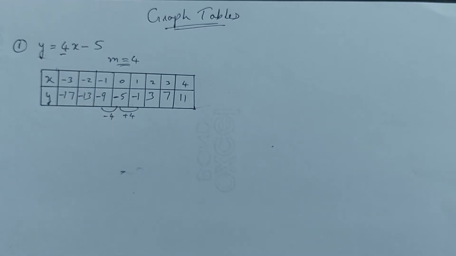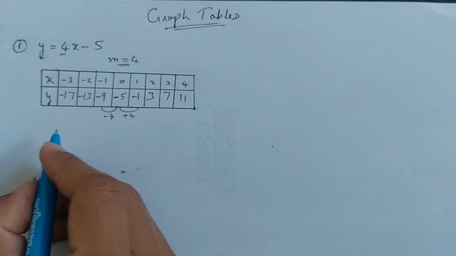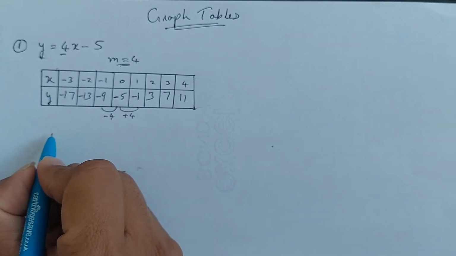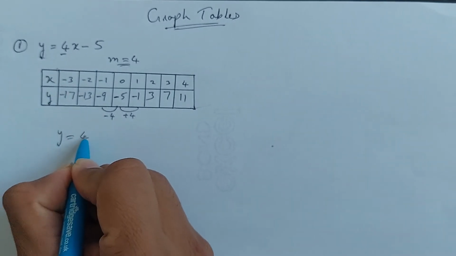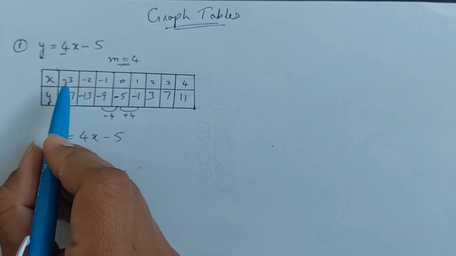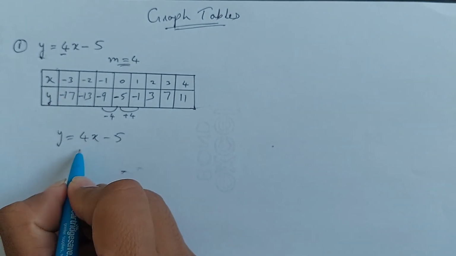This is where I'm going to focus, where major mistakes happen. If you get anything wrong in the linear graph or quadratic graph, the whole of the graph will be wrong and you lose complete marks. That's pretty easy. Or people who prefer the substitution method, for example in this equation, y equals 4x minus 5, you put -3 in place of x.